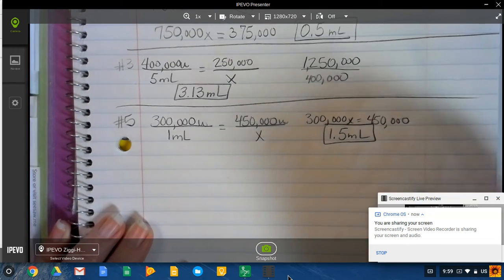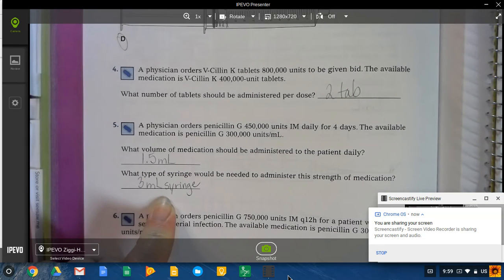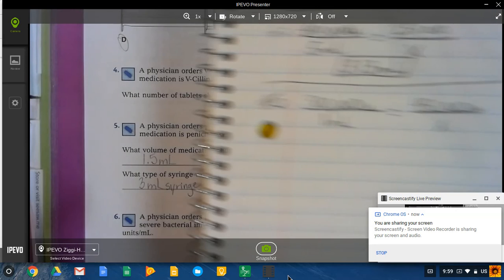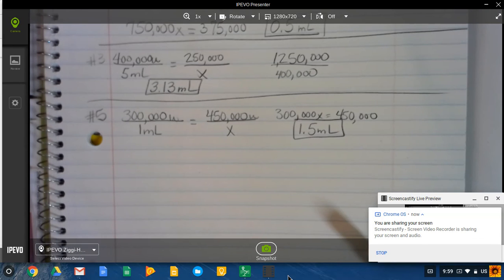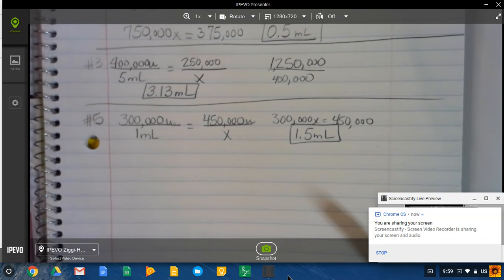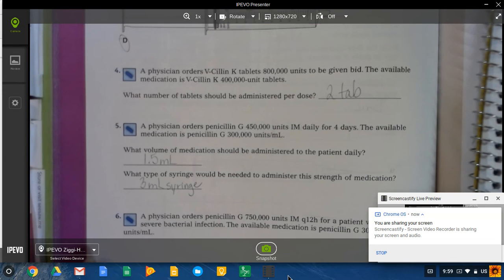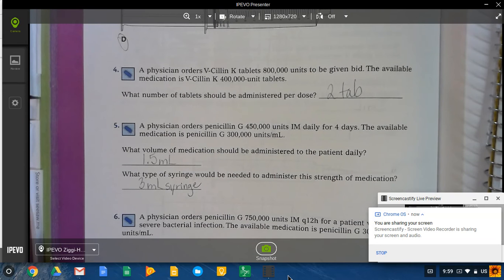Okay, that is your volume administered daily. Then what type of syringe would you need? You would need at least a 3 milliliter syringe. A 2 milliliter syringe would do as well, but those are harder to find. Usually you can only find 3 milliliter syringes. So you go with the 3 milliliter syringe.